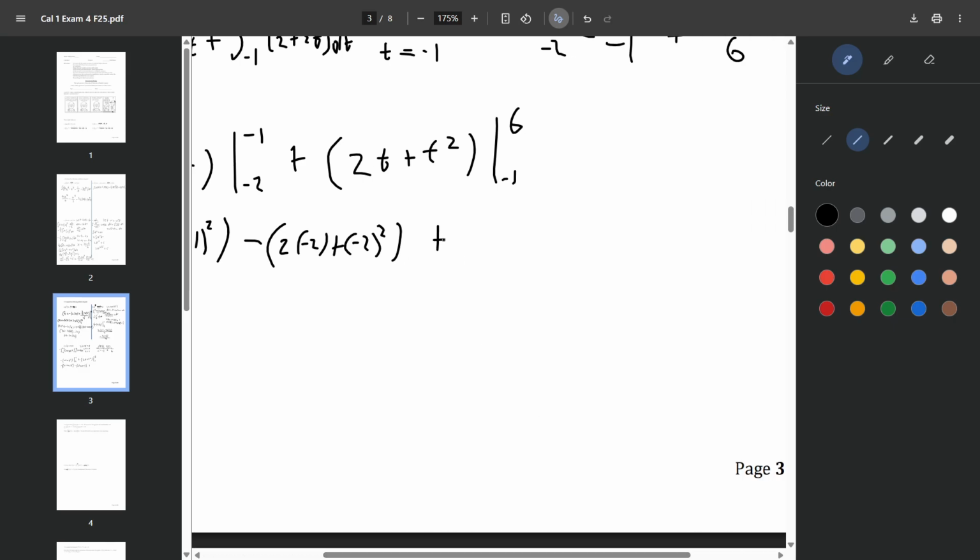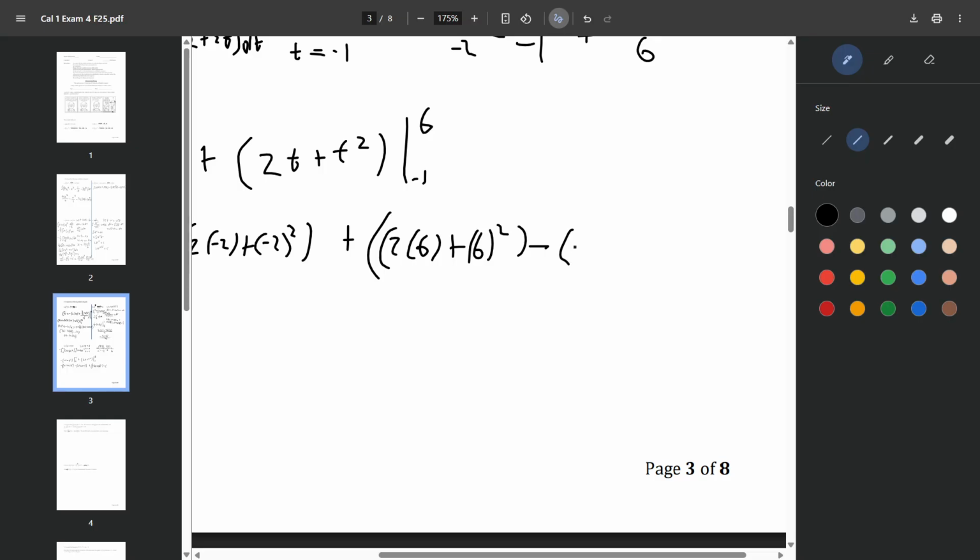And now for this part, we are going to do this other integral, which will be 2 times 6 plus 6 squared minus 2 times negative 1 plus negative 1 squared.